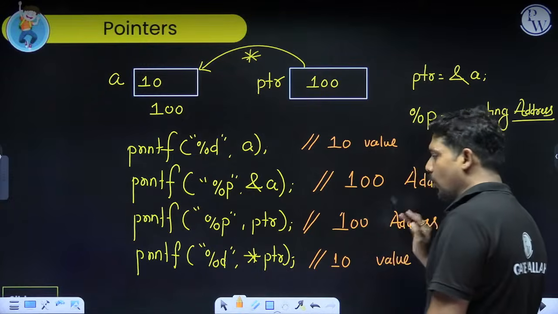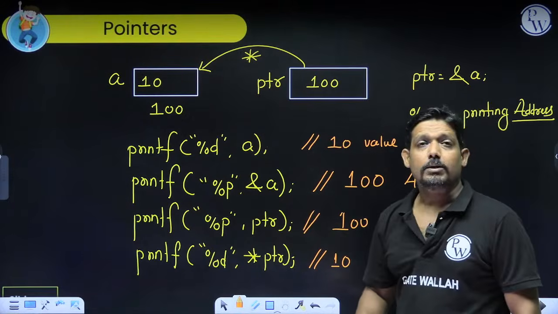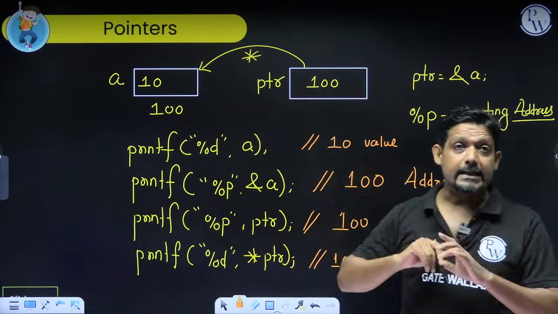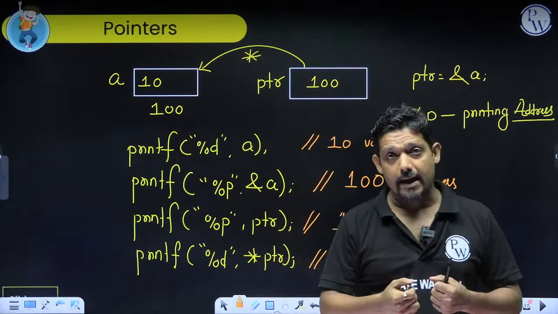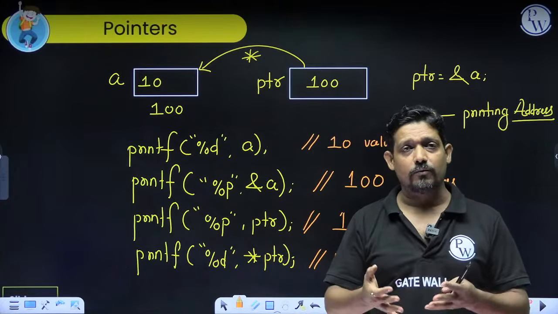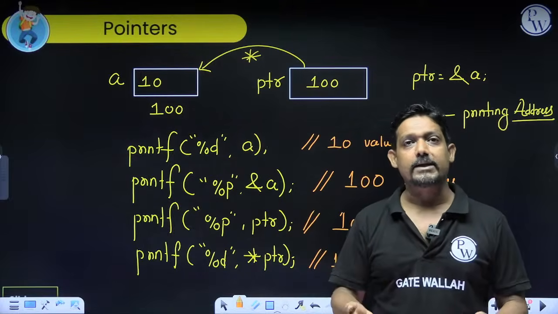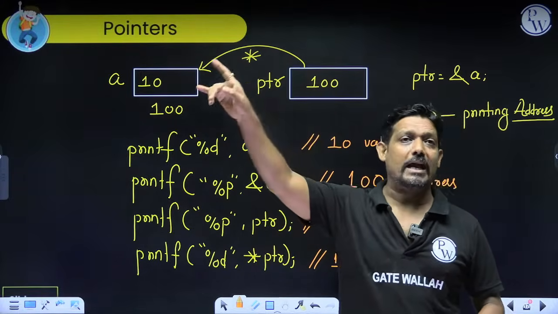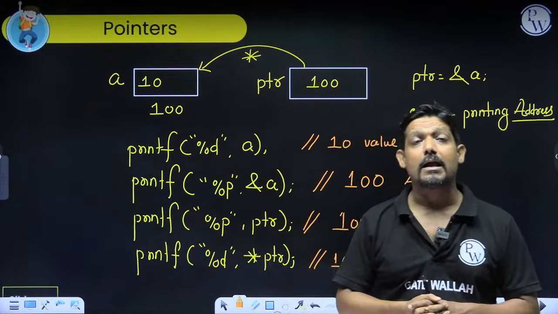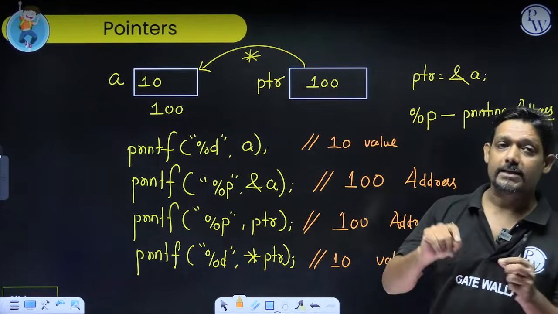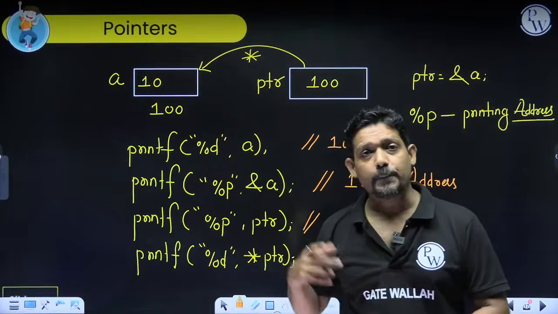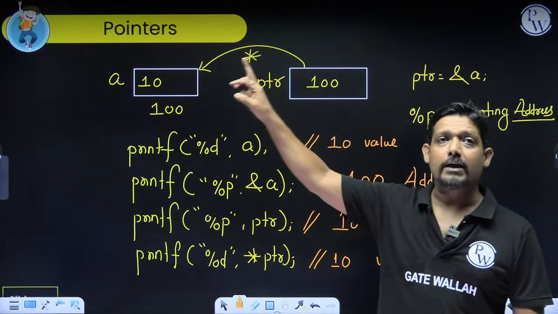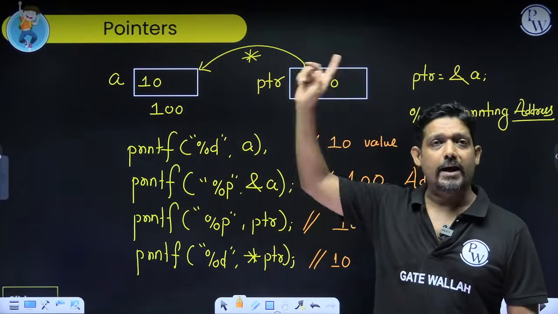Now this is important: a can be accessed using the variable a. This we know, this is the basic rule. But I can also use ptr for accessing this variable a. That is important. I can use dereference ptr to read the value and to update the value.